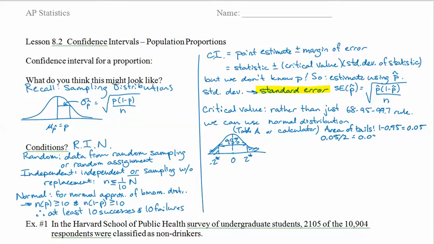And so we get 0.025. So this area here is 0.025. When you use your table or calculator, that's the area of the tail, that gives us our z asterisk of 1.96. And the negative one is also 1.96.